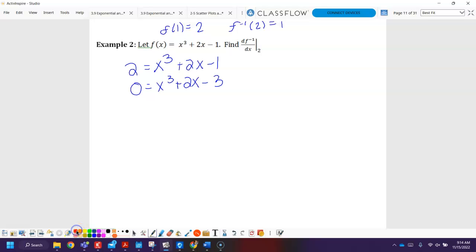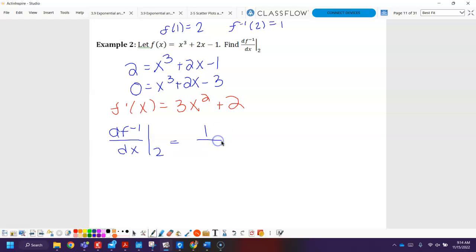So I need to know what f prime is. If nothing else, write a derivative down for me. If you could not get it all, you can at least get the derivative point. And then say df inverse dx at 2 equals 1 over f prime of 1.